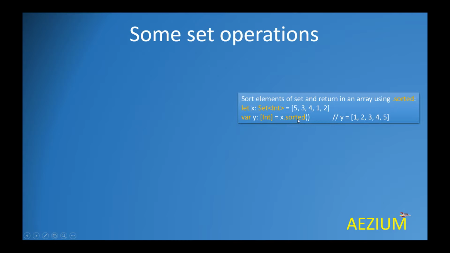It's important to note that the return value of dot sorted here is not a set, but an array whose elements are the sorted version of the contents of our set.